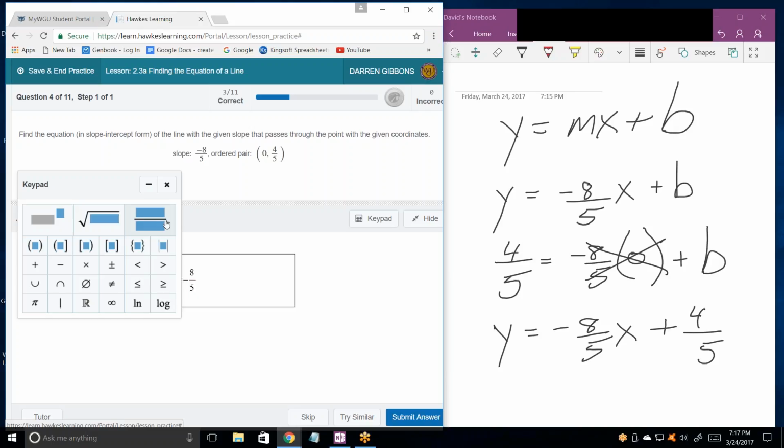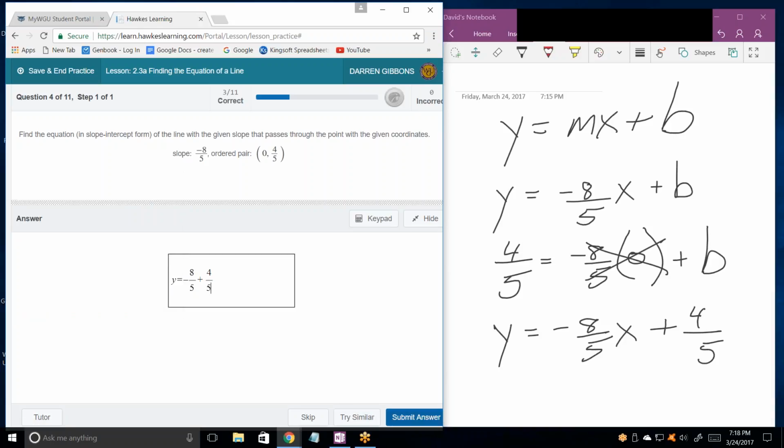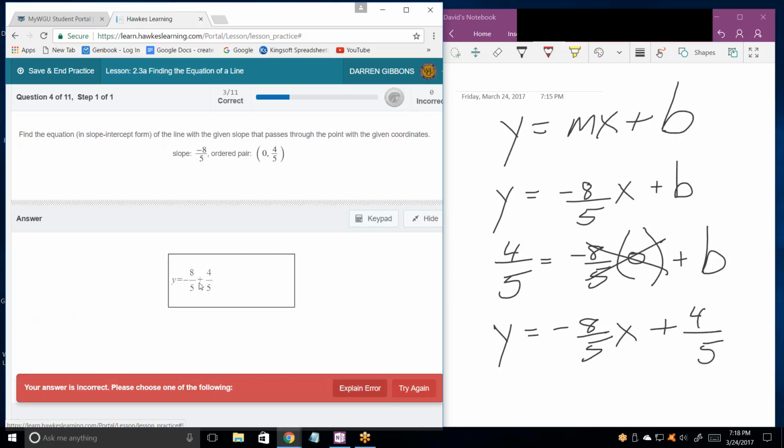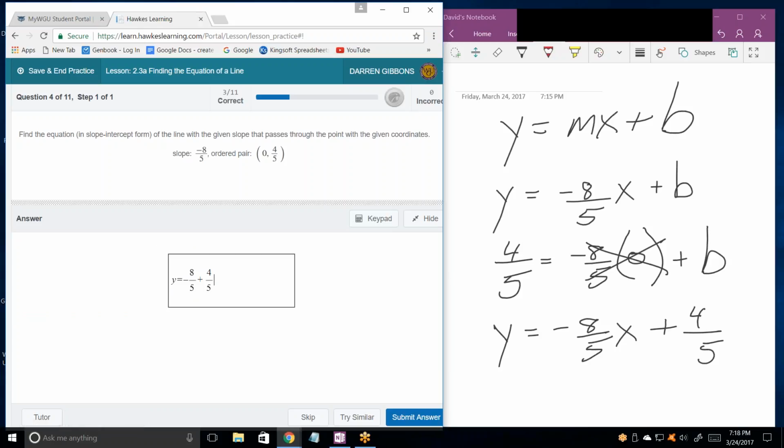And do I do right arrow? Yeah. Plus, and then I've got to do this again. They make it kind of cumbersome, don't they? Somebody needs to design their program and improve it a little bit. Oh, I forgot the x. You have to try again. Then you should be able to insert the x. Okay.